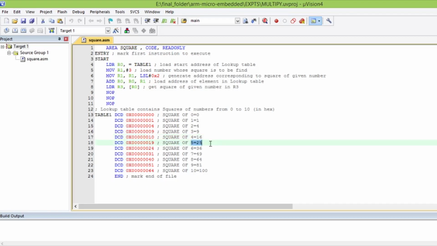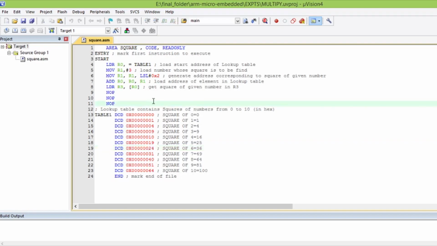Then we have 5 squared as 25, which in hexadecimal is 19, 6 squared as 36, which in hexadecimal is 24, and so on. So don't get confused with this change of values. It's just that we have represented our required square number in hexadecimal format.